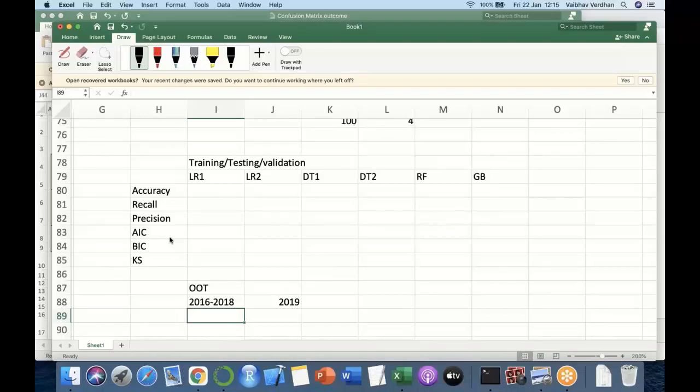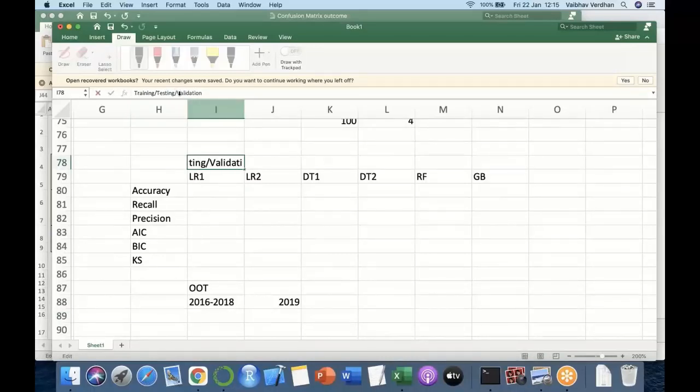If it is behaving very well on validation and out of time data sets, then the model is a robust model. You know why? Because ultimately my objective is to predict on unseen data sets, on incoming new observations which have never been shown to the algorithm.